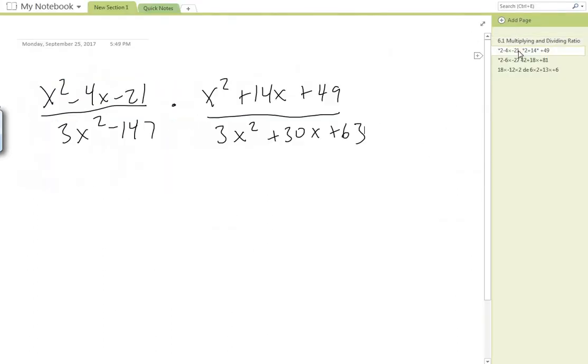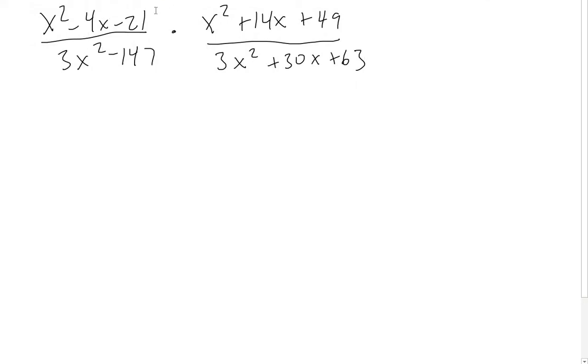So for example, say I had something like x squared minus 4x minus 21 over 3x squared minus 147 times x squared plus 14x plus 49 over 3x squared plus 30x plus 63. There's a lot of long expressions here, and so I want to just factor everything. Factor the numerator on the left, the denominator on the left, the numerator on the right, the denominator on the right.